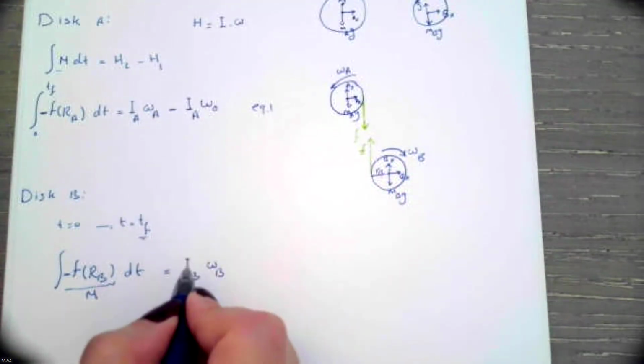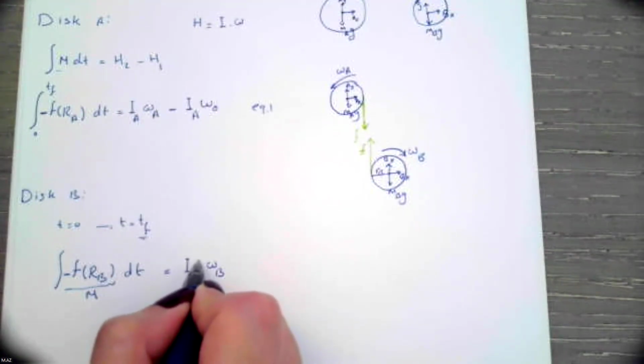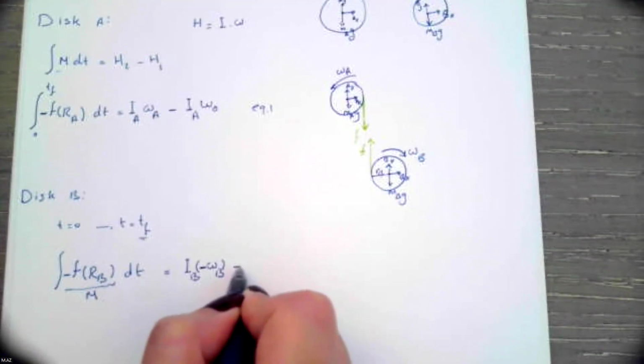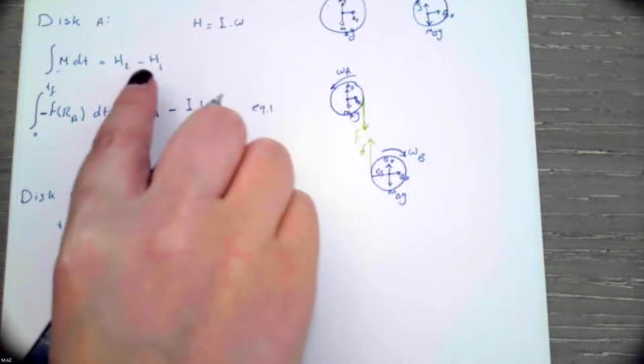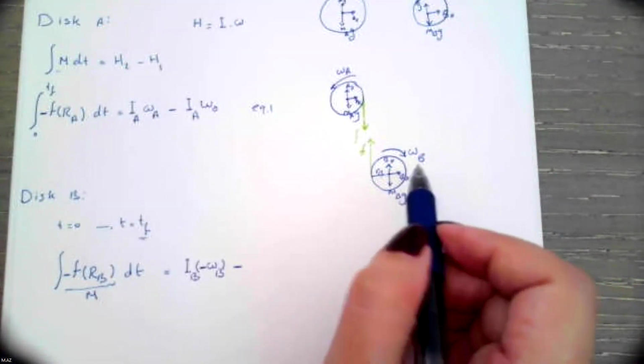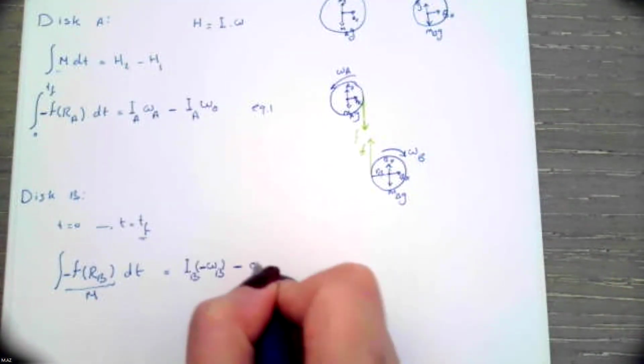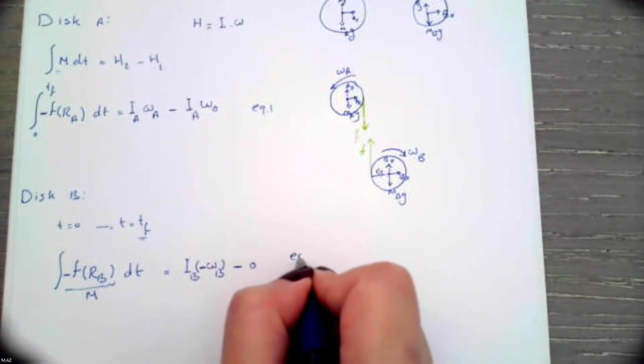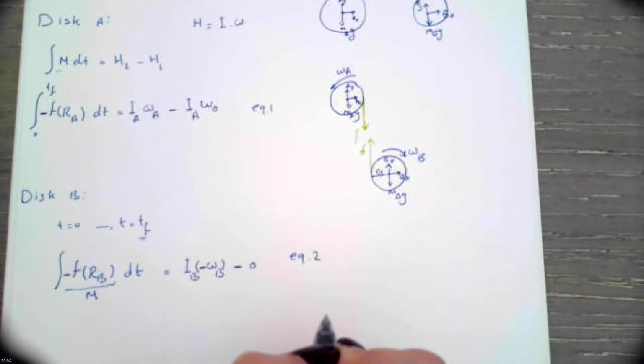For this reason, the sign of omega B is negative. Minus the initial angular velocity for disk B, which is 0. For this reason, H sub 1 becomes 0. This is equation 2.